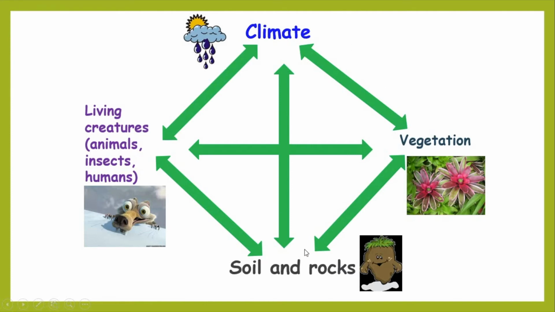Same with soils and rocks. It might not be so obvious how the ground would potentially change the climate, okay? But if you've got lots of really dark soil as a surface, that's going to absorb solar radiation and get very warm and then release that heat to the air, warm air rises, and rising air makes cloud that brings precipitation. So dark soil surface, naturally vegetated soil surfaces tend to create higher precipitation levels.